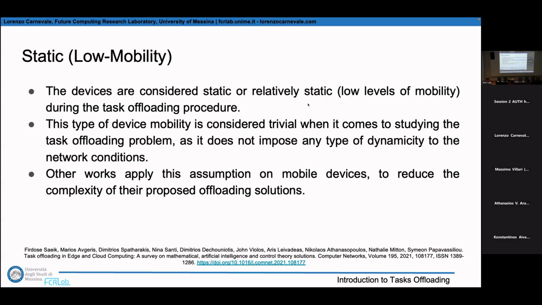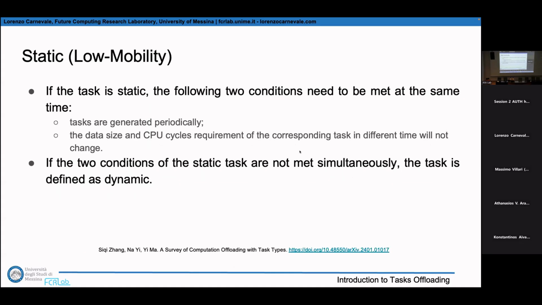So this is a way to simplify the problem of mobile devices while still maintaining the logic of a static device. Sometimes this is possible, sometimes of course not. But in this case, we can try to reduce the complexity of the problem.